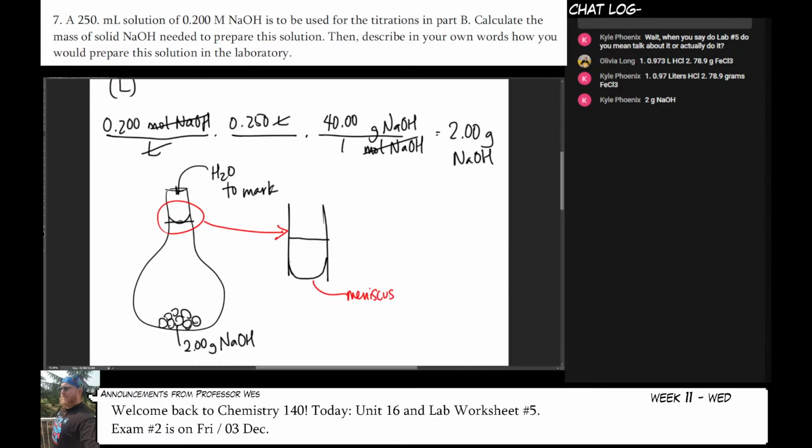And a meniscus is a very awkward thing to have when you're trying to measure a volume. How do I get this on the line? And the answer is, well, we have to accept a standard. And that standard is that we want the bottom of the meniscus to touch the line.